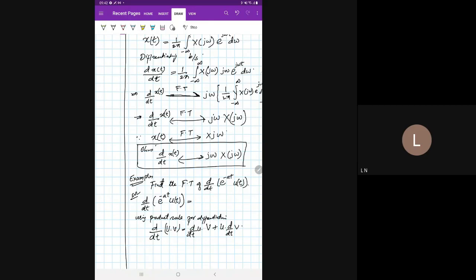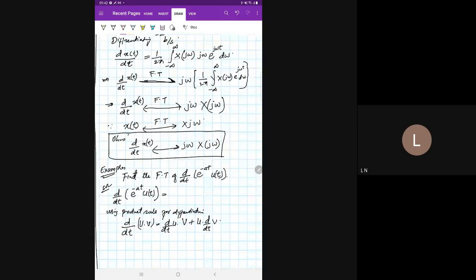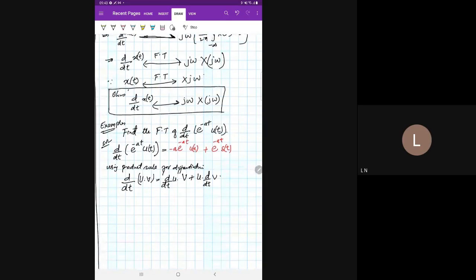Therefore we can write d by dt of e raised to power minus at u of t will be equal to minus a times e raised to power minus at u of t plus e raised to power minus at times the differentiation of u of t, which is equal to delta of t.